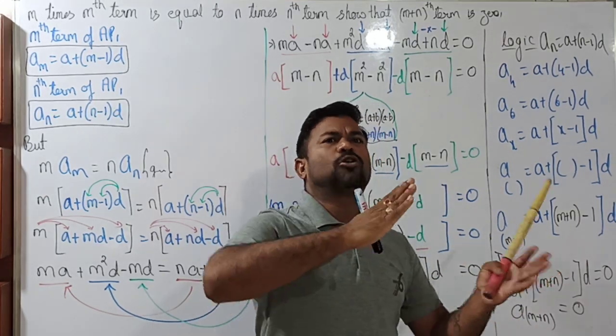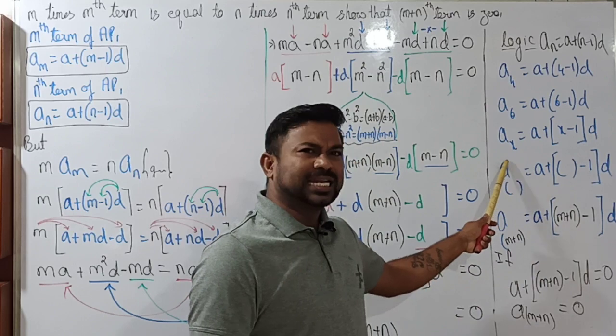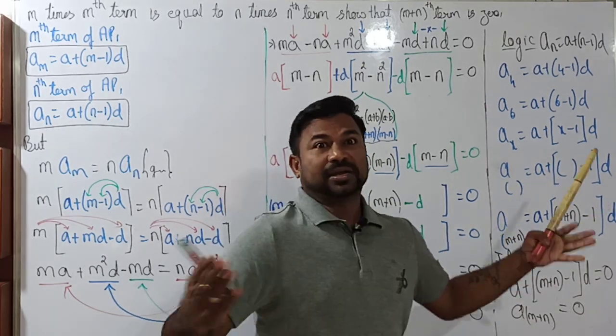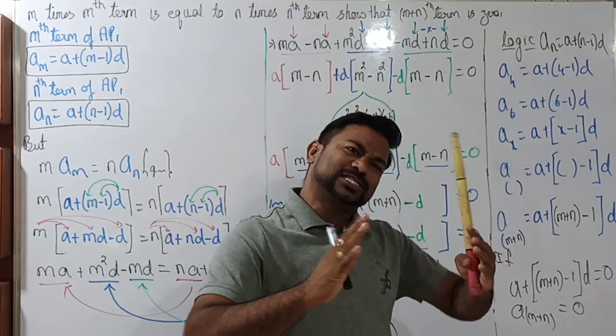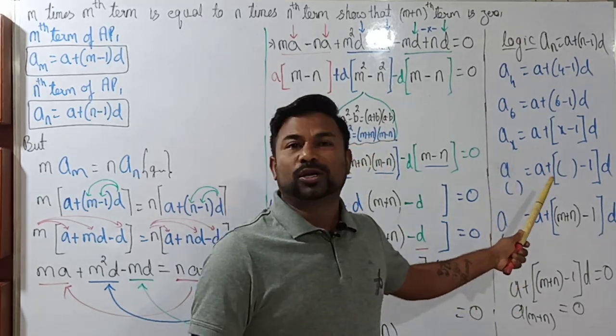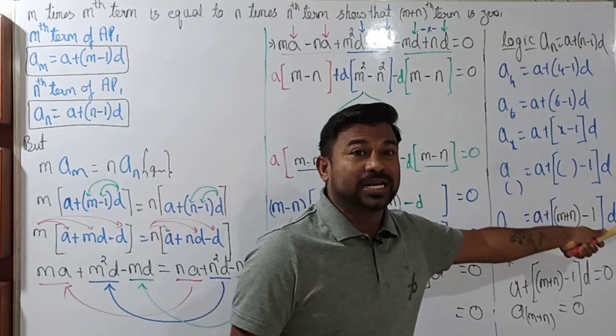Now, let's go according to the sum. Just to make you understand, I'm writing a of bracket is equal to a plus (bracket minus 1) into d.